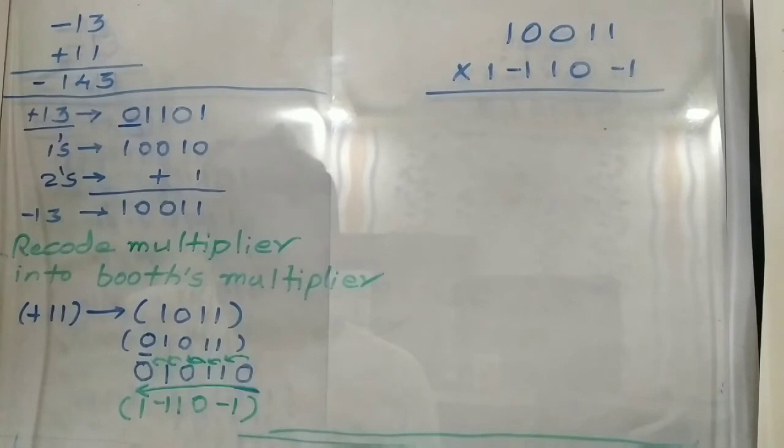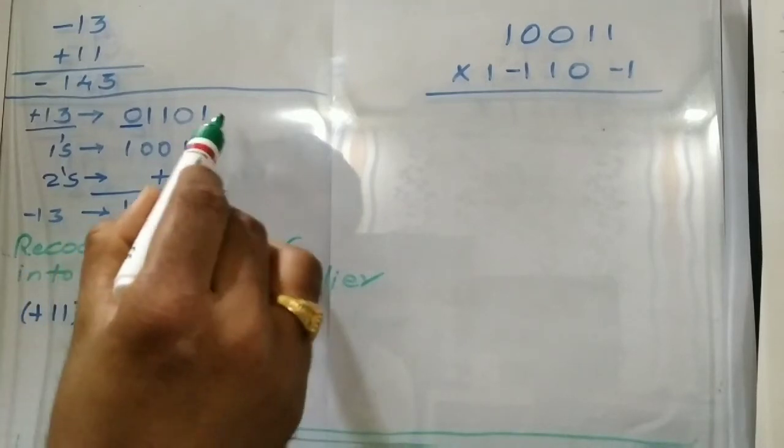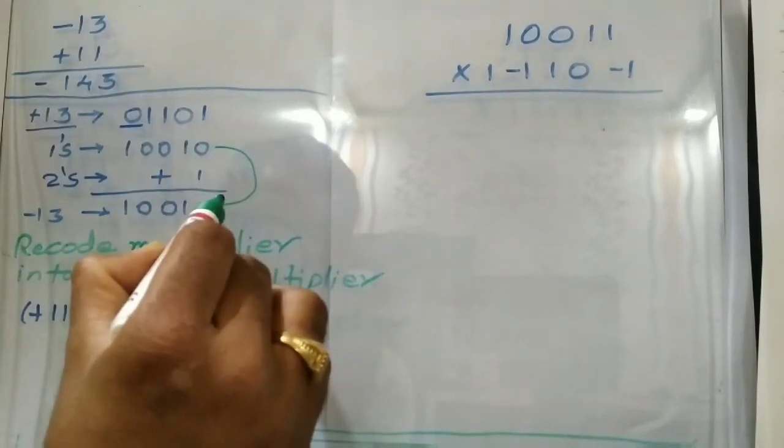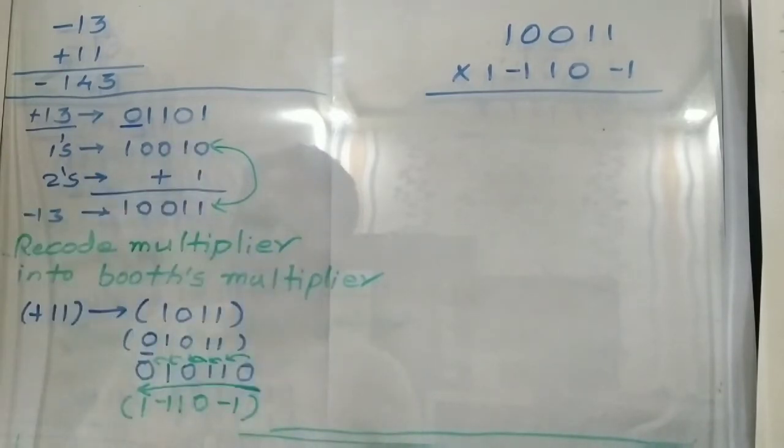Now you know very well, as we discussed earlier, when we multiply our multiplicand by a minus 1, we have to take 2's complement of that. We already calculated our 2's complement for 10011.